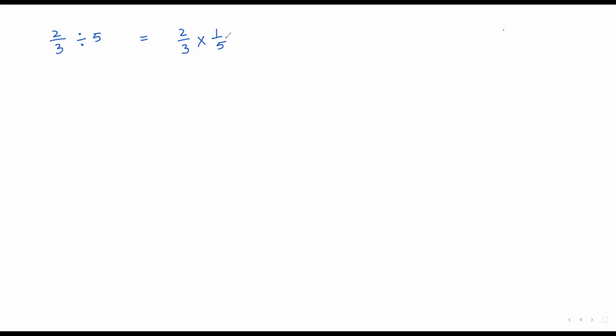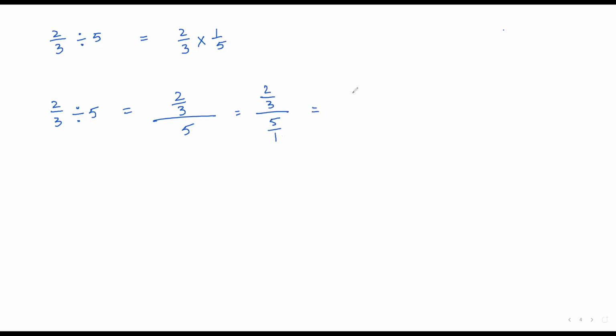Okay, Adil. So these are the two methods of division. One method is that you change the division sign into multiplication directly. If you don't want to do it, what else can you do? You can write 2 by 3 and divided by 5, and by 1 is the first step. Then because you only have 5, you can write it 5 by 1. So this is now looking like fraction upon fraction. Understood? Yes. Okay.